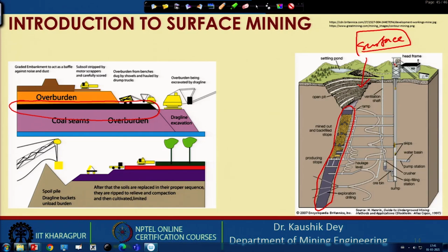Whereas, in underground mines we create an opening, vertical or horizontal or maybe spiral. From there we enter the underground and carry out mining; that is called underground mining. So, underground mining is not affected by what is going on at the surface, whether temperature changes or rain. These atmospheric changes do not impact underground mining, but they do impact surface mining.